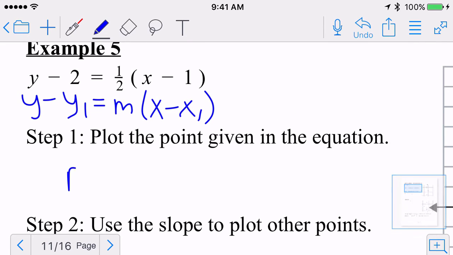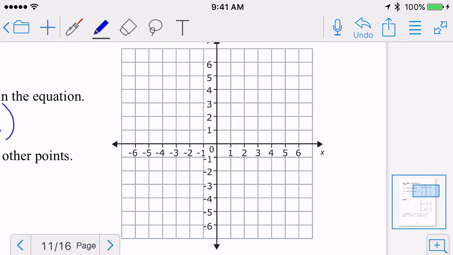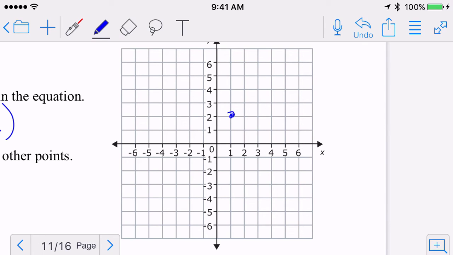So our point, that's x1, y1, so it would be 1 and then 2. So we want to plot that point. 1, 2 would be over 1 for the x, 2 for the y. So that's going to be our point.